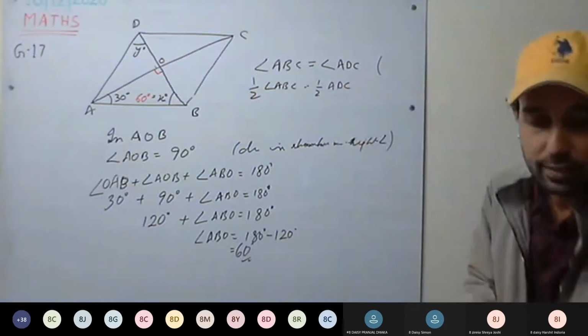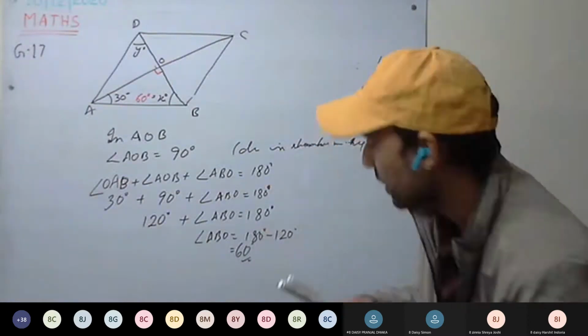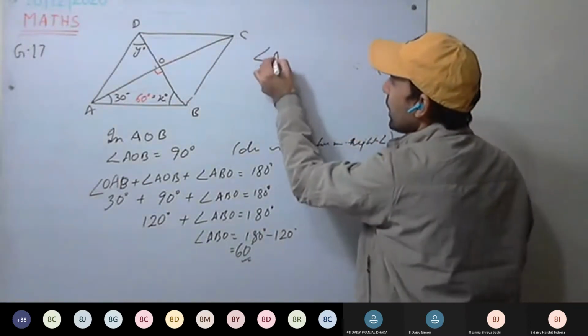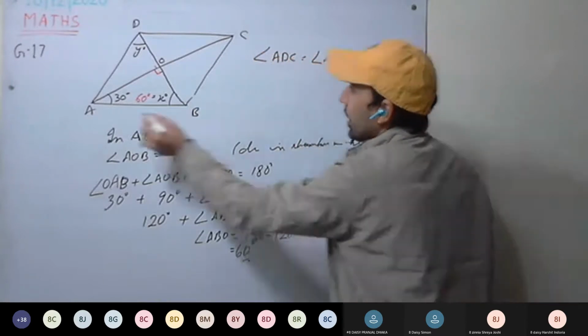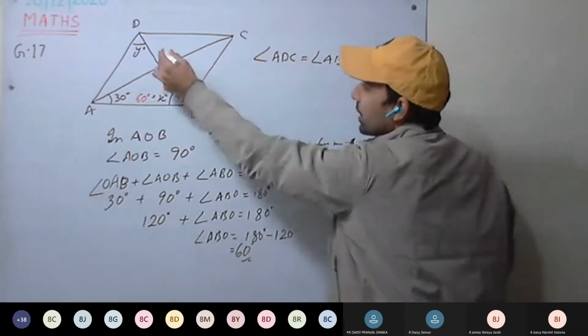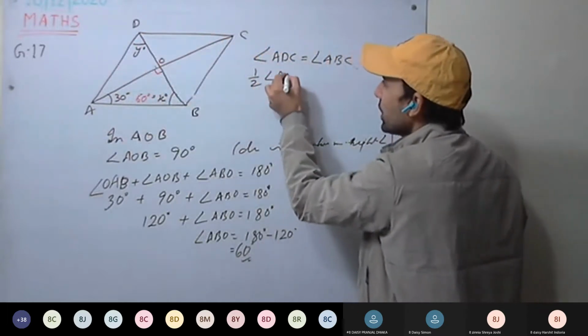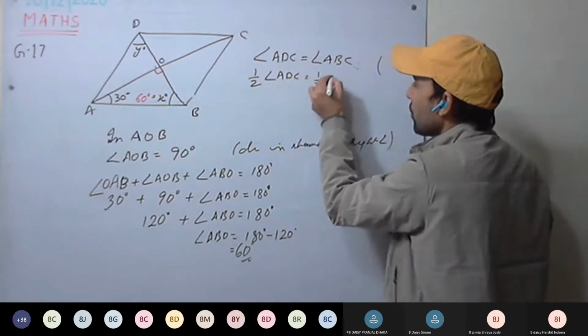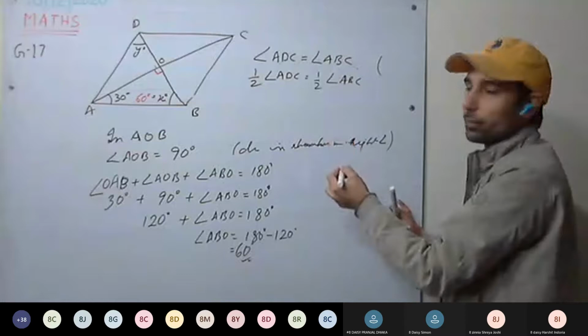One minute, let me write it. It's better if we write it like this. Angle ADC equals angle ABC, and the diagonal bisects the angle. So half of angle ADC equals half of angle ABC. I'll put half on both sides.